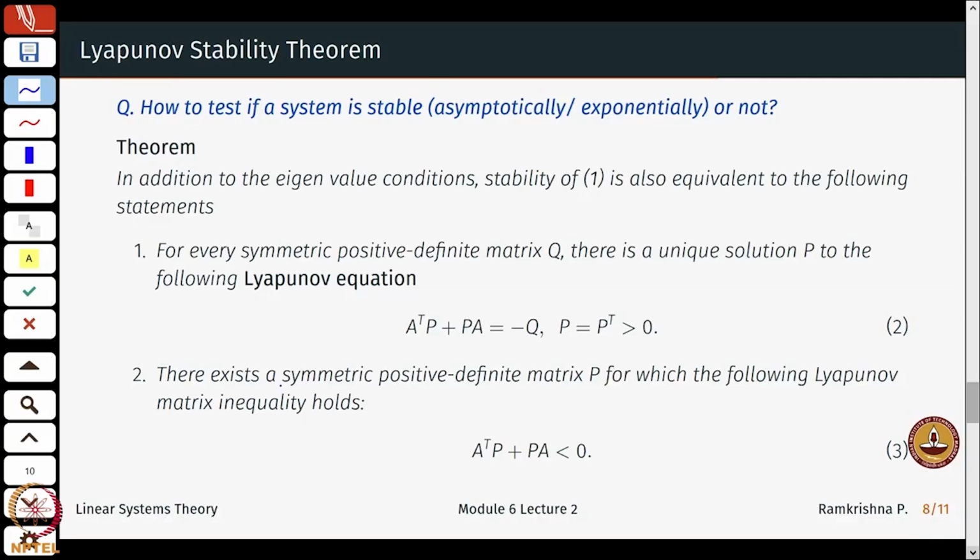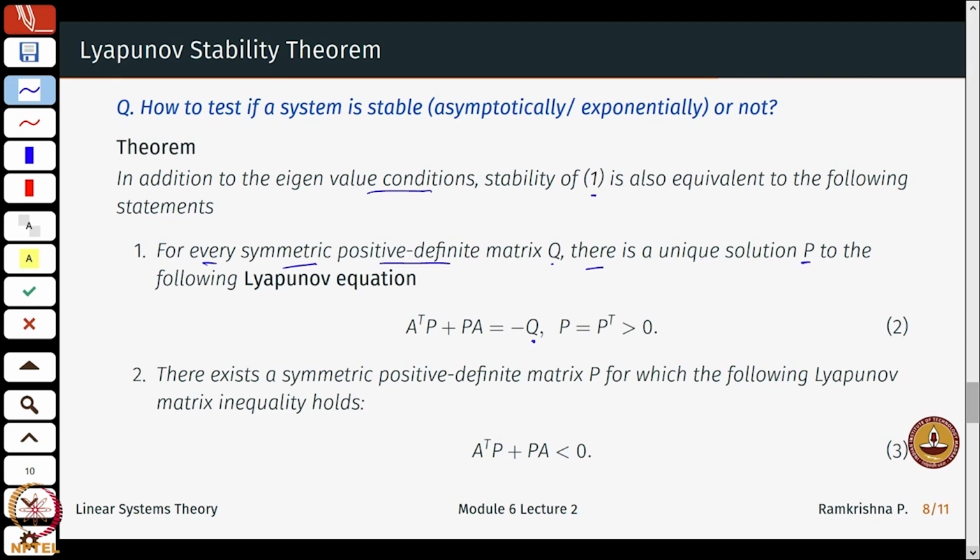So, these are two nice looking conditions that, in addition to those eigenvalue conditions, stability of the LTI system is also equivalent to the following: for every symmetric positive definite matrix Q, stability would mean that there exists a unique solution P to the following Lyapunov equation.